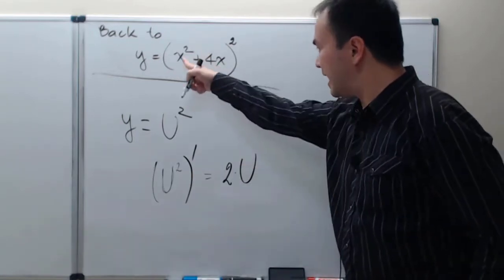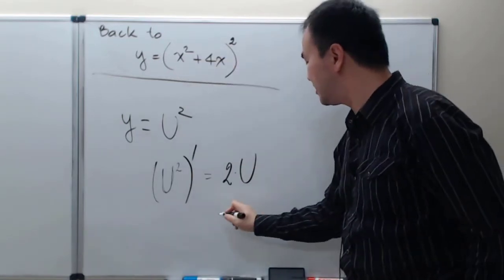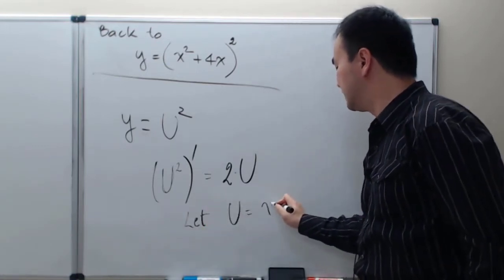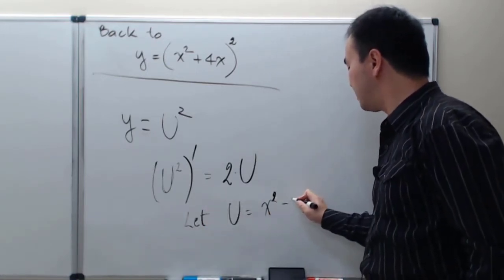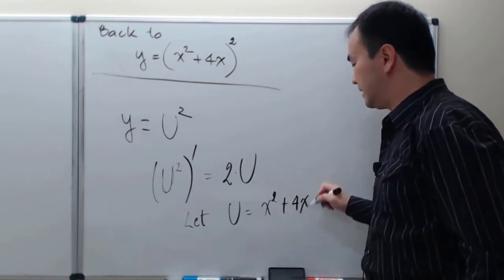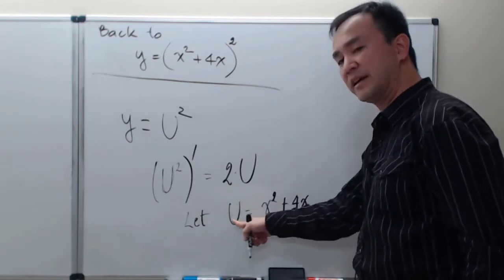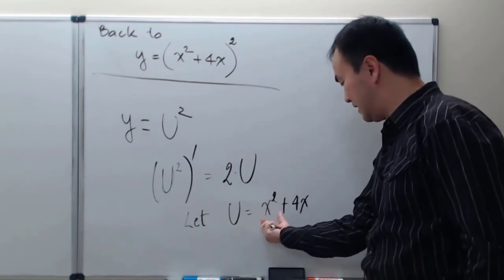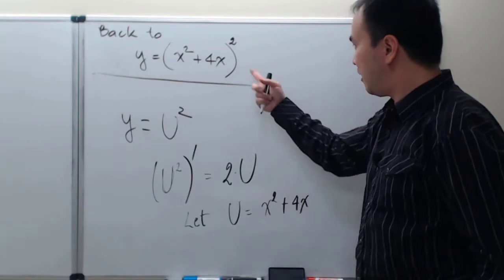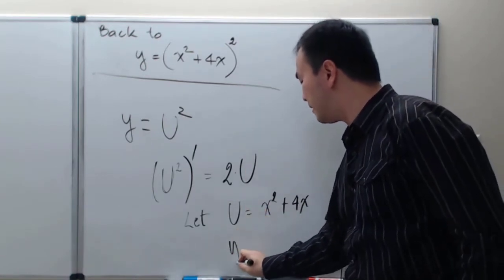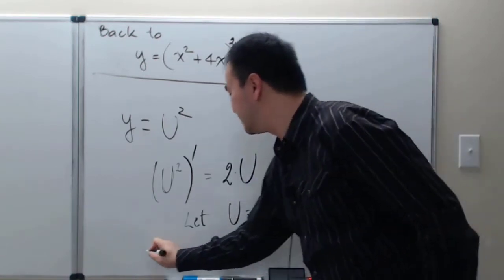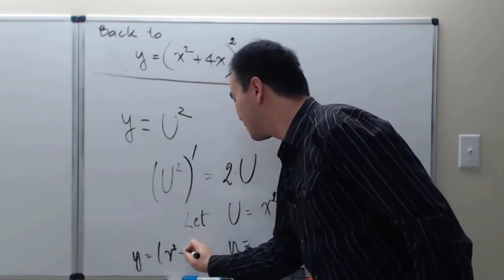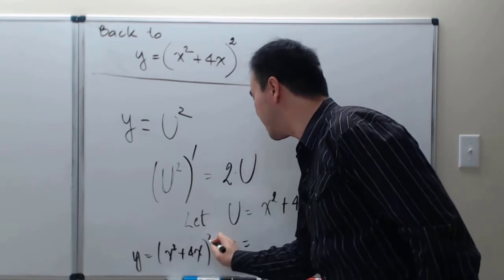Then think about this. If we go back to this problem and simply let u equal x squared plus 4x, making a little substitution like this, then all of a sudden the expression y equals x squared plus 4x all squared turns into y equals u squared.